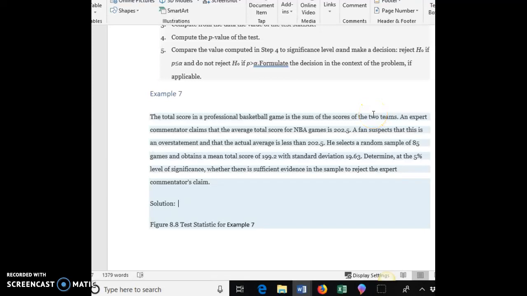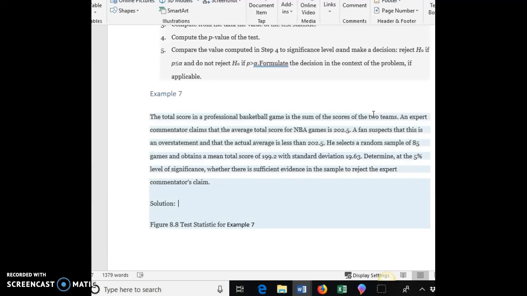Let's look at example 7, and let's remember that we're going to use the observed significance, or the p-value, to help us with this test. All right, so the total score in a professional basketball game is the sum of the scores of the two teams. An expert commentator claims that the average total score for NBA games is 202.5.